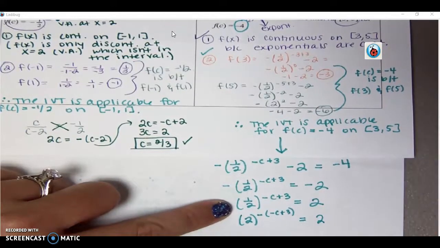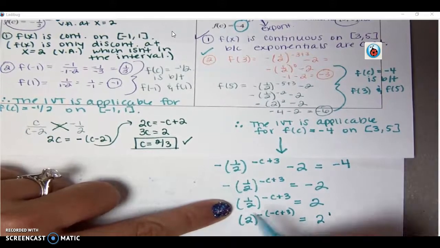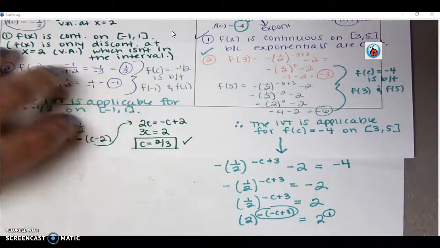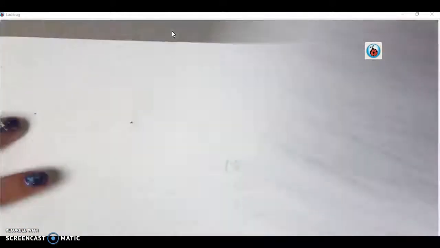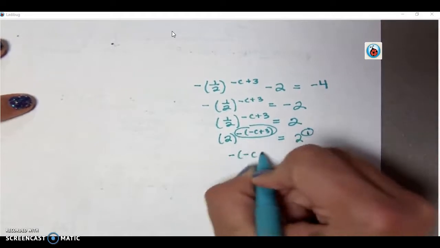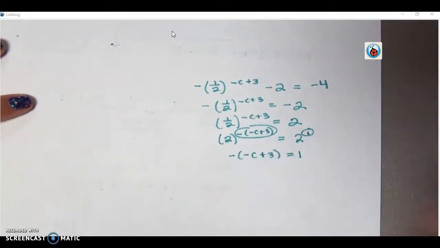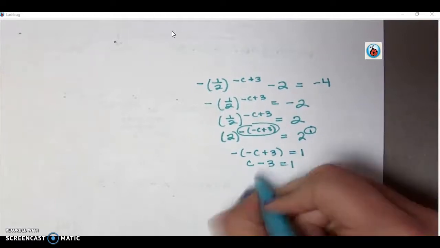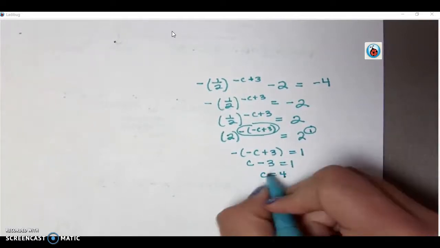And this already has a base of 2, which would be an exponent of 1. So now that I have the same bases, I can set these exponents equal to each other. So we'll have negative c plus 3 equals 1, which will be positive c minus 3 equals 1, which will give us c equals 4.